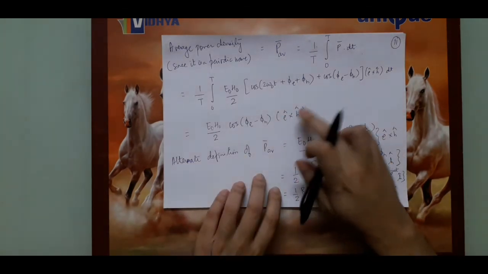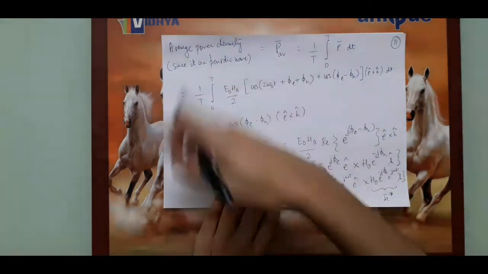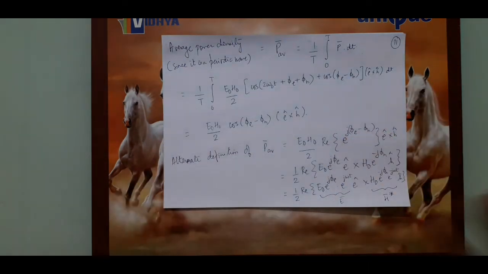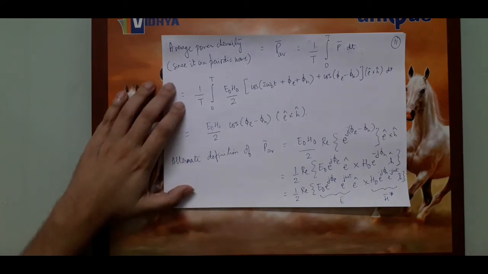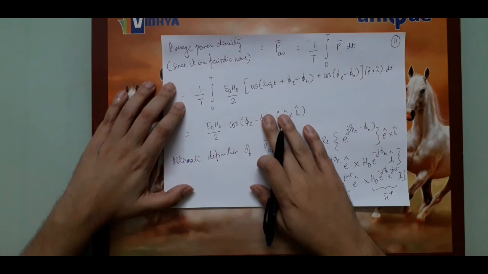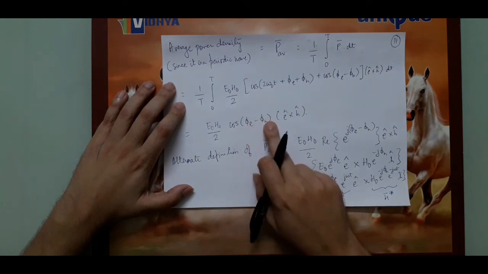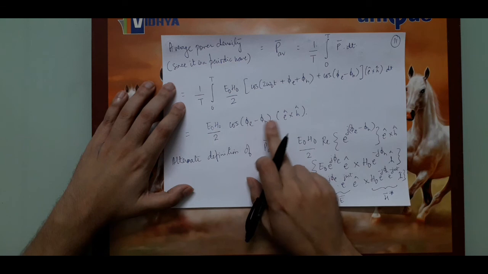So if the E and H fields become parallel to each other, then the average power density becomes 0. So effectively it indicates that there is no power flowing. The other scenario when the average power can become 0 is when the intrinsic phase difference between the two fields, that is phi E and phi H, becomes equal to 90 degrees.